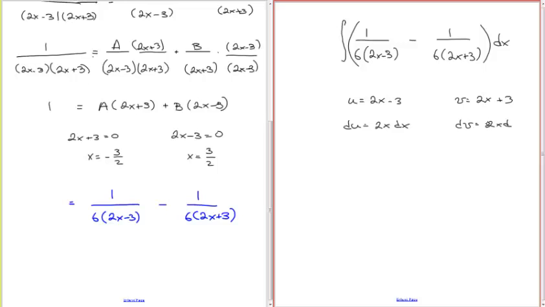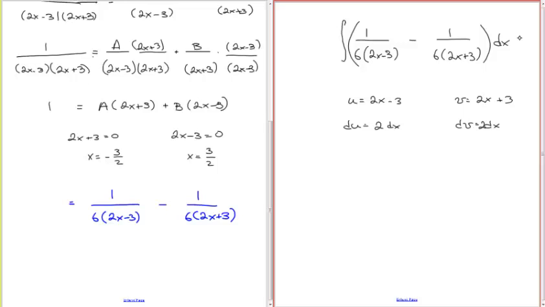Sorry, I got it wrong earlier: it's just 2 dx, and this one is 2 dx. So we have dx and we just need a 2. We would multiply these by 2 and divide by 2, or we could put the 2 right here. That's probably the easiest thing to do.